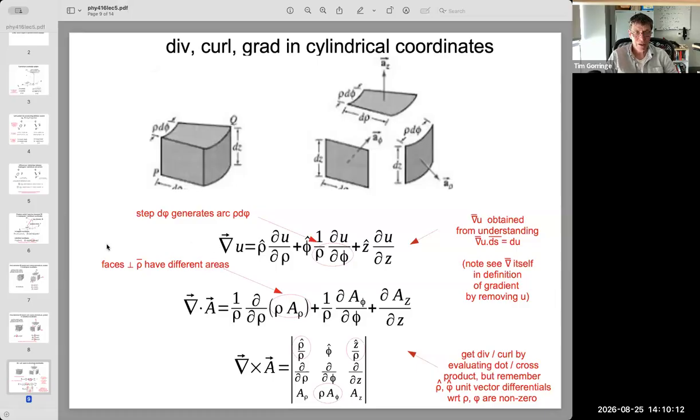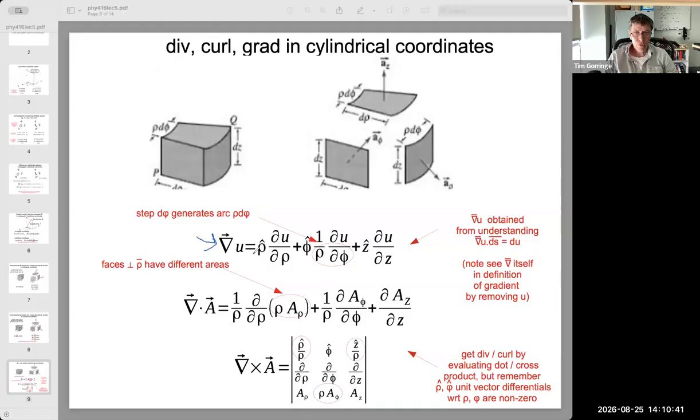So we'll start upstairs, I think, with the gradient. That's this guy here. This is the gradient of a scalar field, or what we'll later call a scalar potential. The field is U. It's just a number field. It's not a directional field. And this is the gradient of it, which tells us about the slope of it.